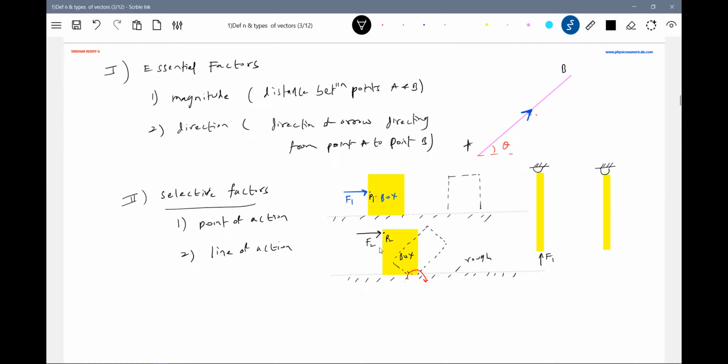Will anything happen to the rod? It will not rotate, am I right? Now if I apply force like this, the rod starts rotating. It starts swinging. I think everyone knows it starts swinging here.